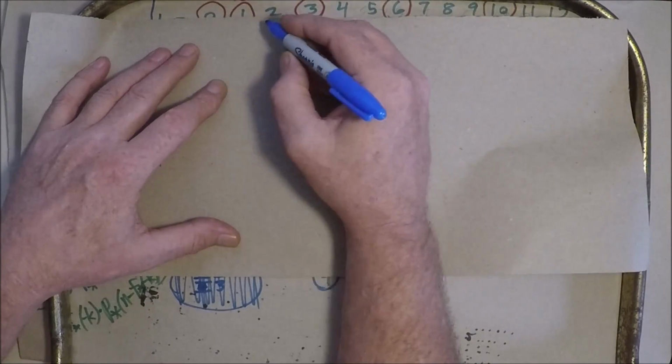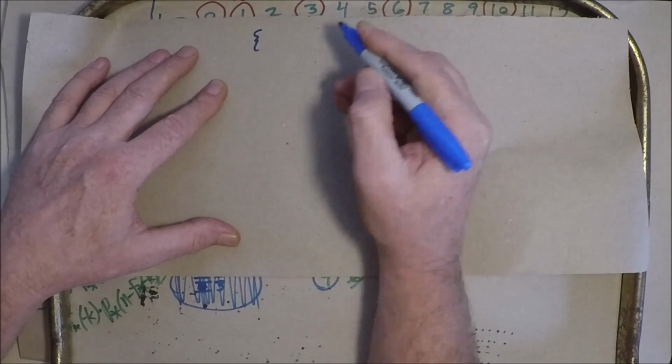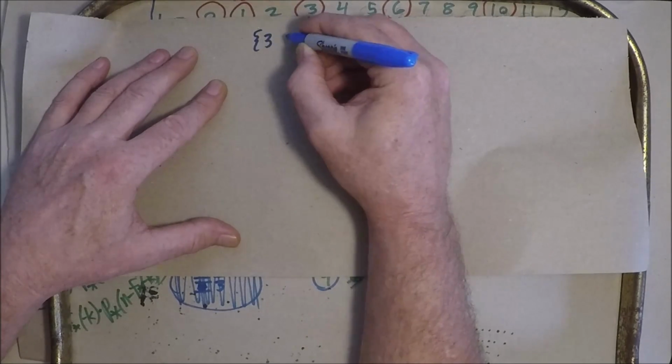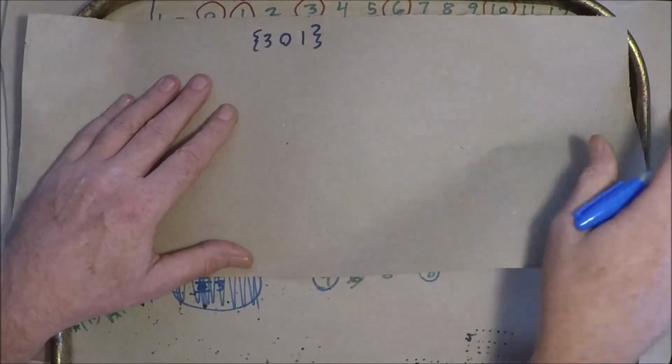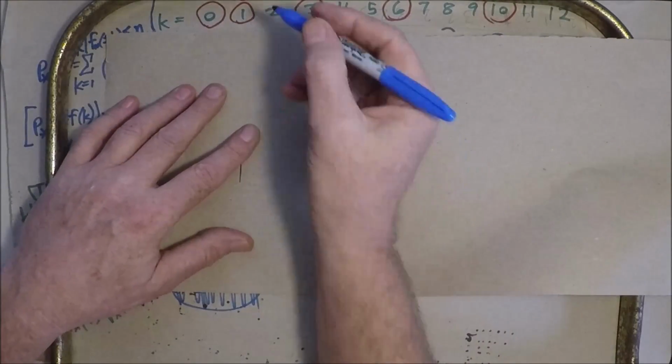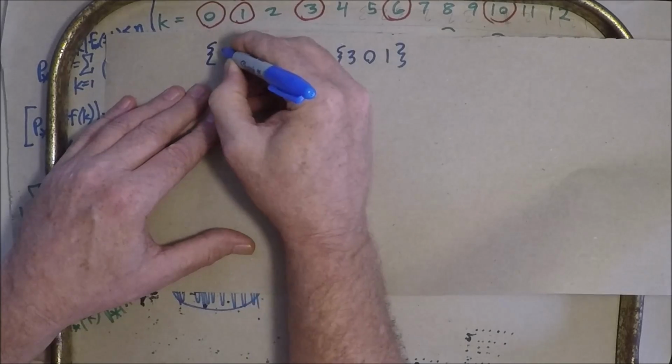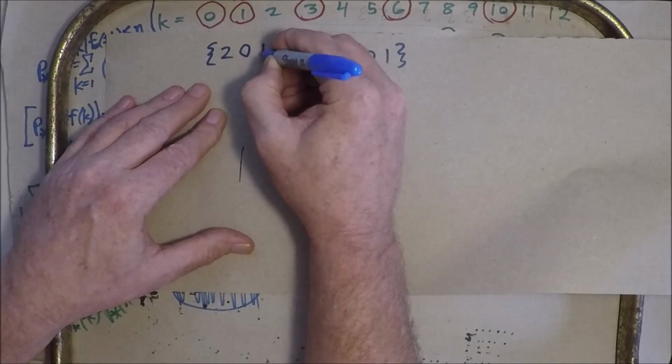Our value representation of the quadratic we used was 3, 0, 1. And the normal quadratic of the generalized pentagonal numbers is 2, 0, 1.